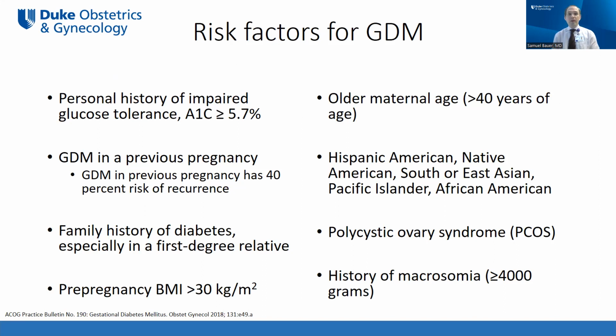Oftentimes we look at a lot of weight gain during the pregnancy, but the best marker is a BMI of greater than 30 pre-pregnancy. Other risk factors include patients greater than 40 years old, polycystic ovarian syndrome, Hispanic Americans, African Americans, and others, as well as a history of macrosomia in a previous pregnancy.